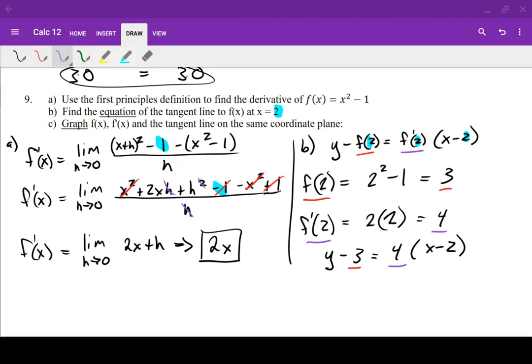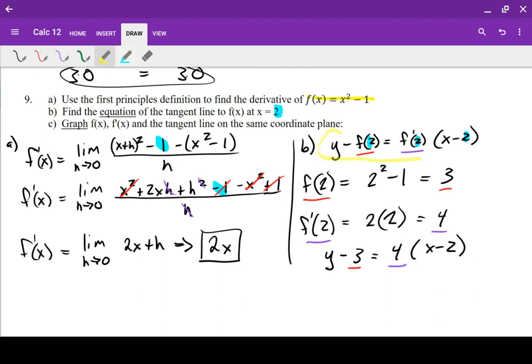Now graph the tangent line on an equation here. I'll go ahead and pull up Desmos. There we go. I'm going to start graphing. And here, our original function was y equals x squared minus 1, if I remember correctly. Right, y equals x squared minus 1.